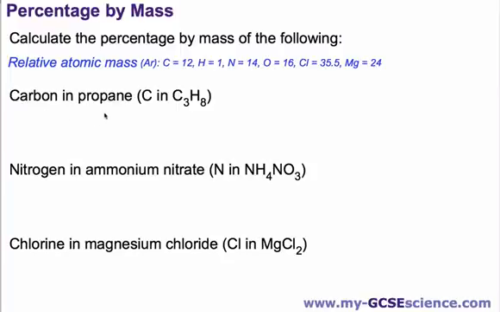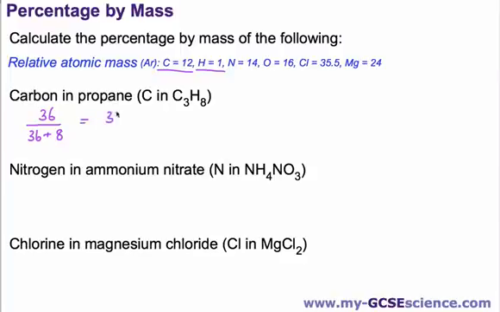So in terms of carbon in propane, we've got carbon, but we have 3 atoms of carbon. Our carbon has a relative atomic mass of 12 right there, so we say 3 12s, 36, divided by 36, and we've got H8 here. Relative atomic mass of hydrogen is 1, so that would be 36 for the carbons and 8 for the hydrogens.